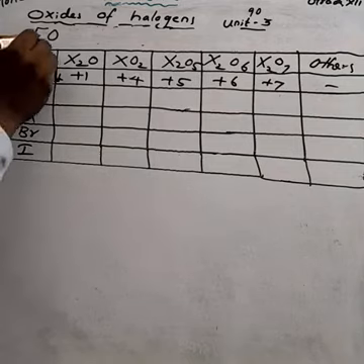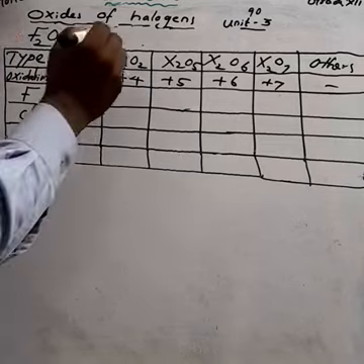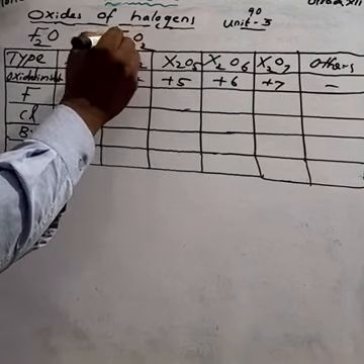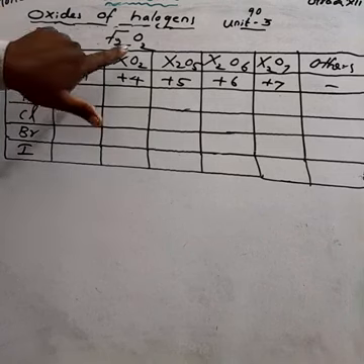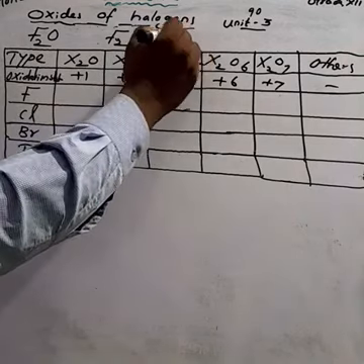Difluorine oxide formula is F2O, and also difluorine dioxide, that is F2O2, where it has a -1 oxidation state. All of you know that one, -1 oxidation state.